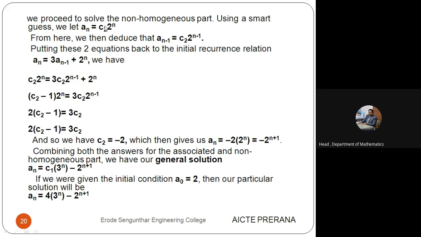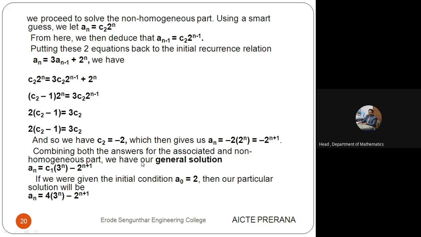For finding it, we substitute in the given recurrence relation, in place of a_n, c2 into 2 power n, and in place of a_(n-1), c2 into 2 power n minus 1. Then simplifying these equations, we get c2 equal to minus 2. Therefore, a_n equal to minus 2 into 2 power n, that is minus 2 power n plus 1.